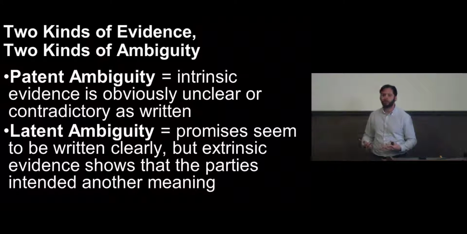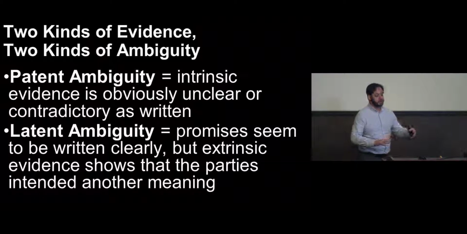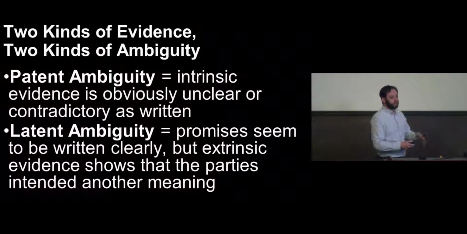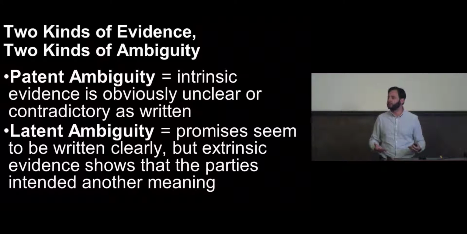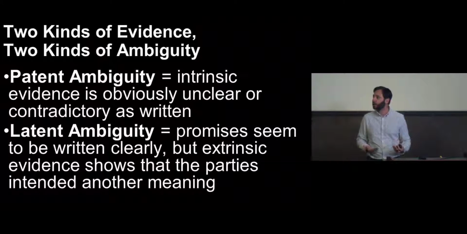A latent ambiguity is when the contract is not clear because the parties had some other understanding. It looks clear on its face, but if you actually ask the parties, they seem to have a different meaning applied to it. Whether courts will admit evidence of latent ambiguity also relates to whether they take a subjective or objective approach to contracting.